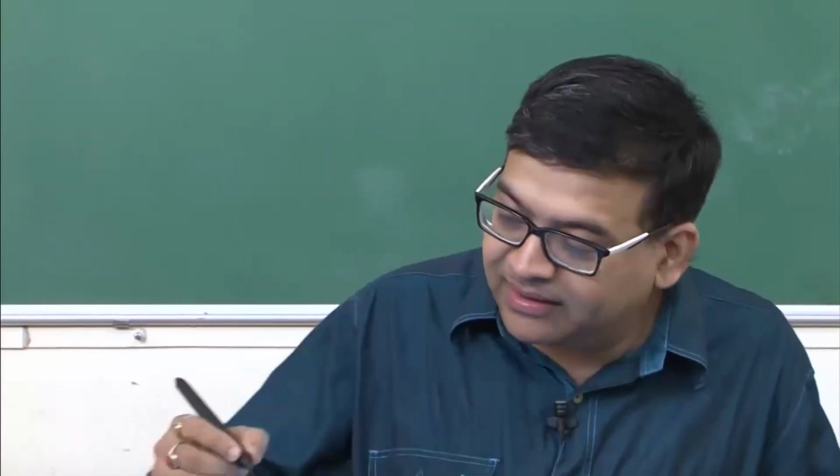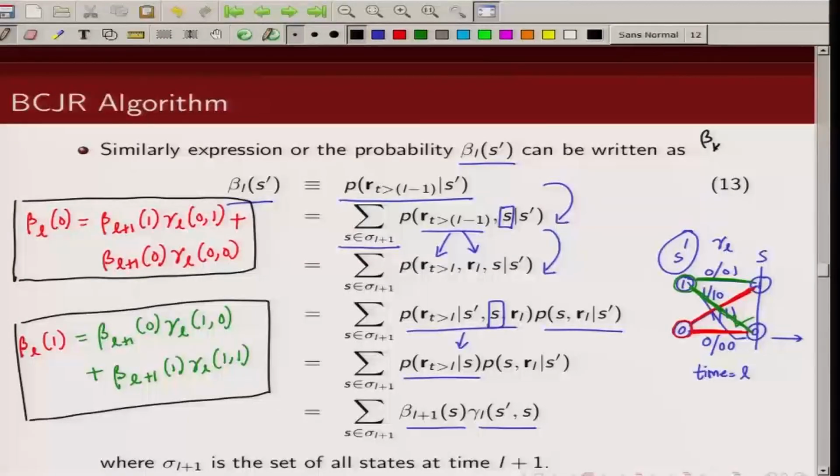If the encoder is terminated, that means the encoder is brought back to the all 0 state, in that case beta at the end of the block, at time k, at state 0 will be 1, and for all other states it will be 0. In this case there are only 2 states.